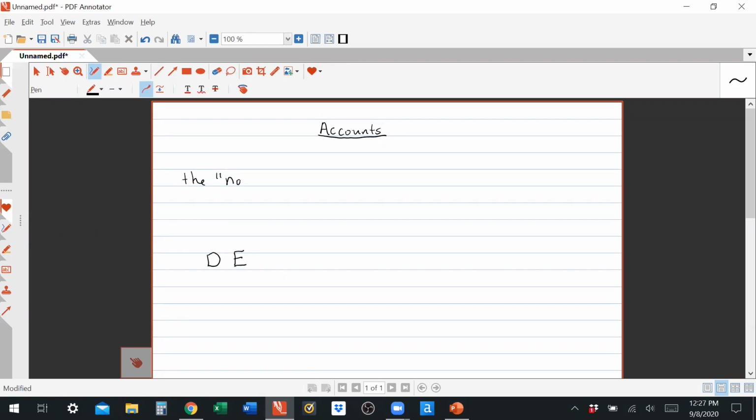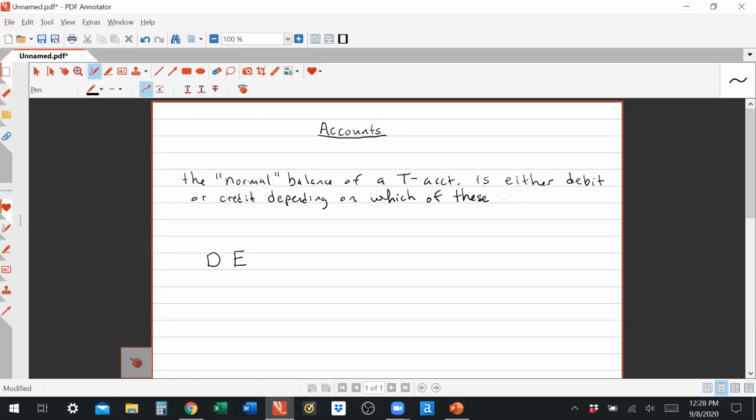So the normal balance of a T account is either going to be debit or credit, depending on which of these, debit or credit, you need to do to increase the account's balance.